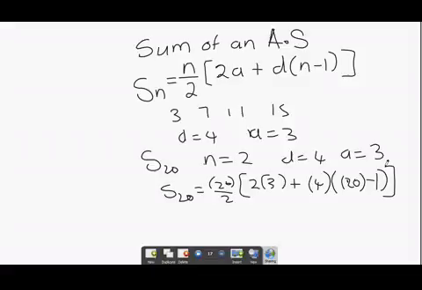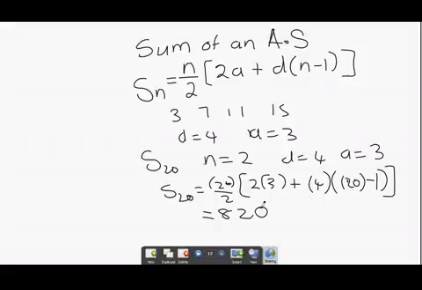Now obviously here you would need to use your calculator, which is what we want to do now. So after using my calculator, I have got my answer is 820, and that is how you find the sum of an arithmetic sequence.